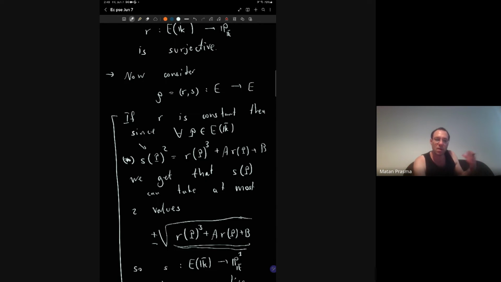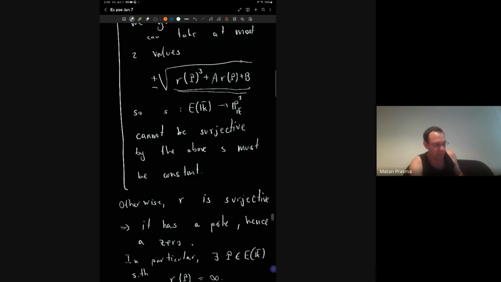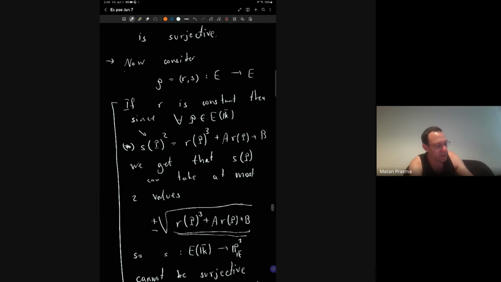So if R is constant, it's enough to deduce that rho is immediately constant as a function. In the general case, we consider rho, which has two coordinates, R and S, and there could only be two cases.